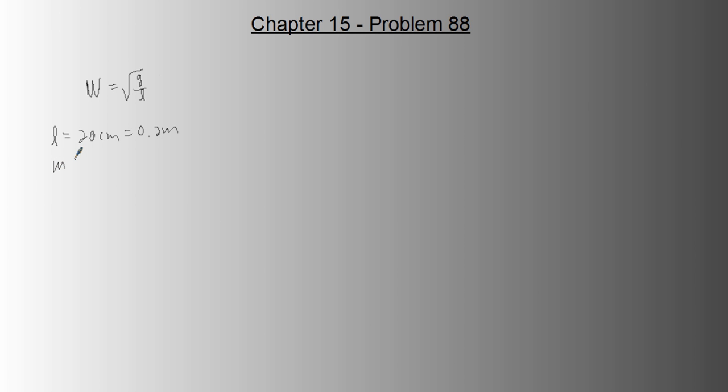The mass of the little pendulum bob is 5 grams, which we're going to convert too, but we don't even use it, so it doesn't matter. And the velocity of the race car around the circular track is 70 meters per second, and the radius of this track is 50 meters.